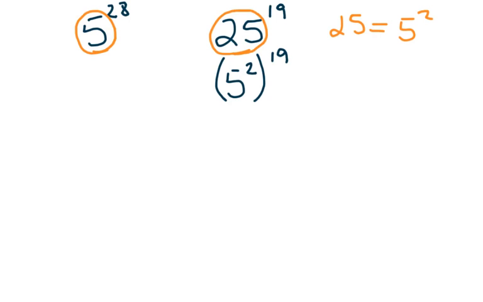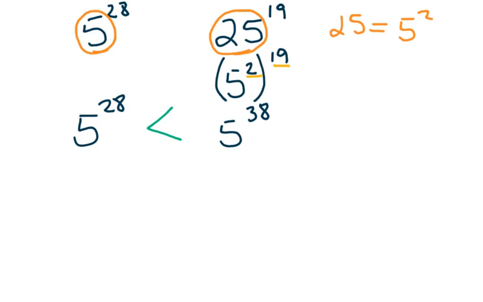Now I can use the power of a power property and multiply the powers. 2 times 19, so that's 5 to the 38th power, and over here we have 5 to the 28th power, and now it is easy to compare. 5 to the 28th power is most definitely less than 5 to the 38th power.